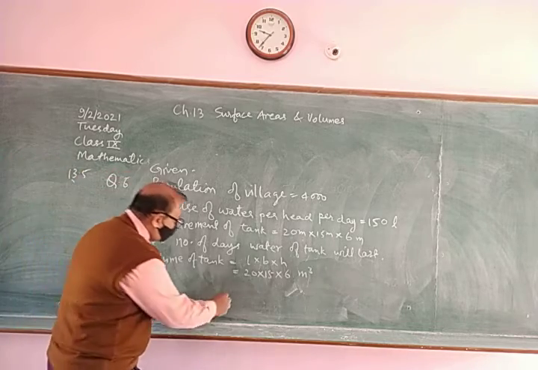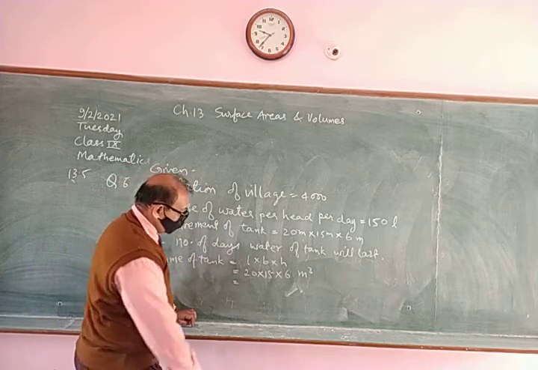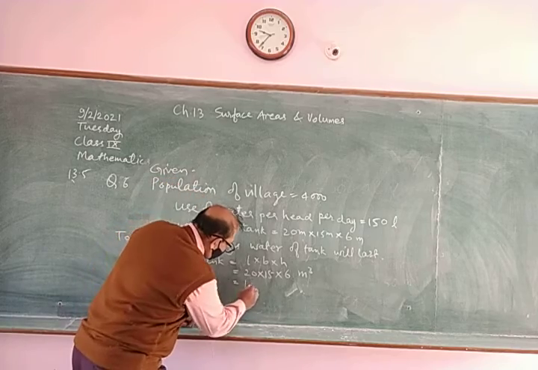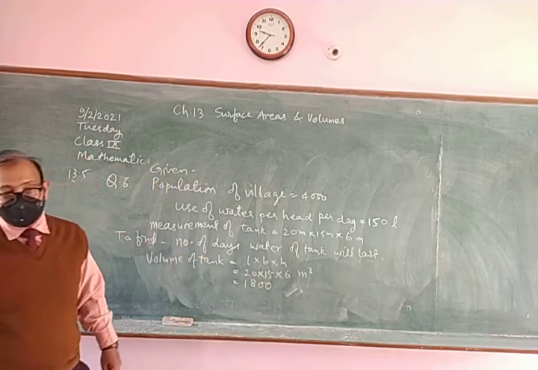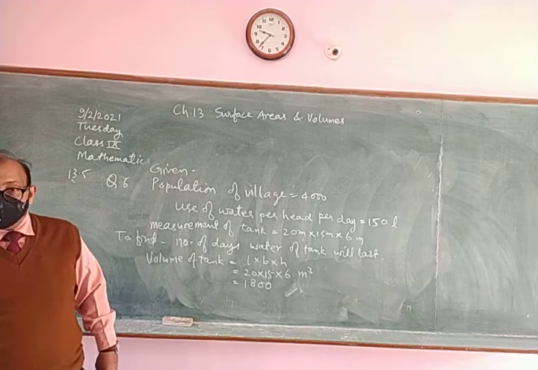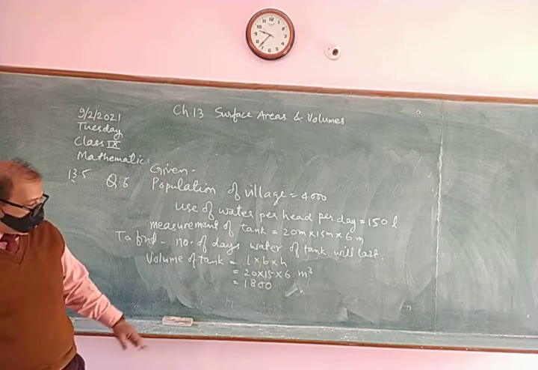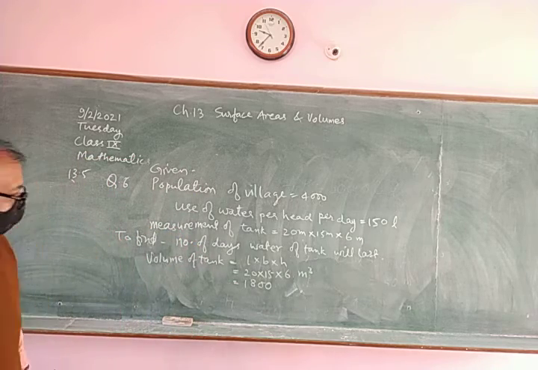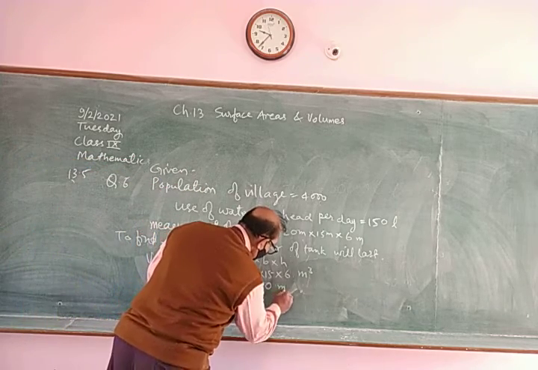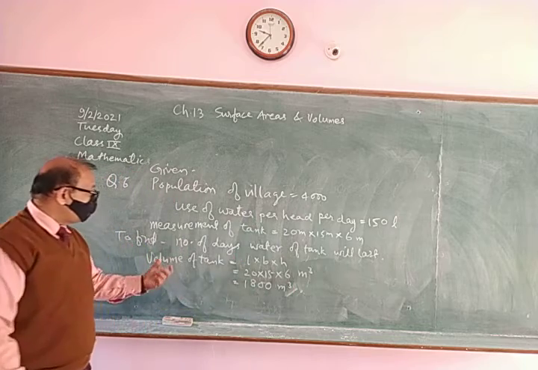Which is equal to 1800. 15 twos are 30 and 20s are 300, 300 sixes are 1800 meter cube. Okay, this is the volume of the tank.